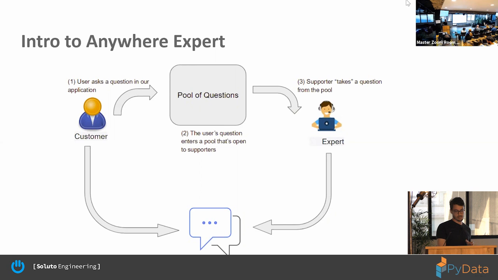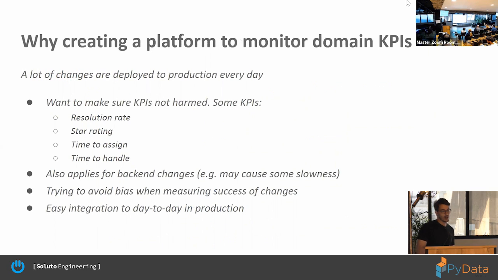Questions? Cool. So what we try to achieve in this new system we created. Every product has KPIs, meaning the key performance indicators by which we measure success. In our case, what we usually measure is first the resolution rate and star rating.